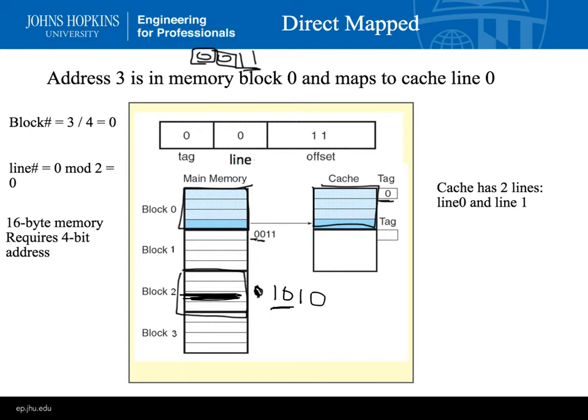So here, the tag would be 1, the line would be 0, and the offset would be 10. So this would be where that piece of memory would be. And if we wanted to look in the cache, we'd look in line 0 and see that the tag is not 1, it's 0, so that would be a miss.